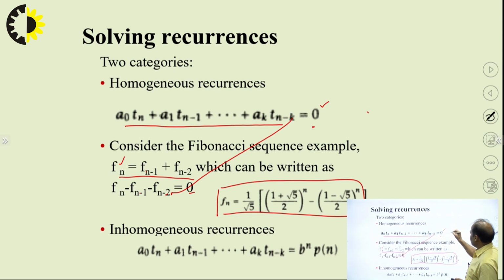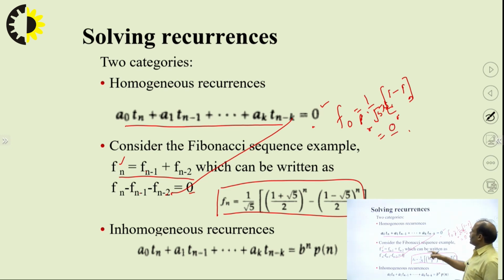If we put n equal to 0 here, we get 1 upon root 5, and this to the power 0 is 1, and this to the power 0 is 1. So 1 minus 1 is 0, and f0 comes out to be 0.